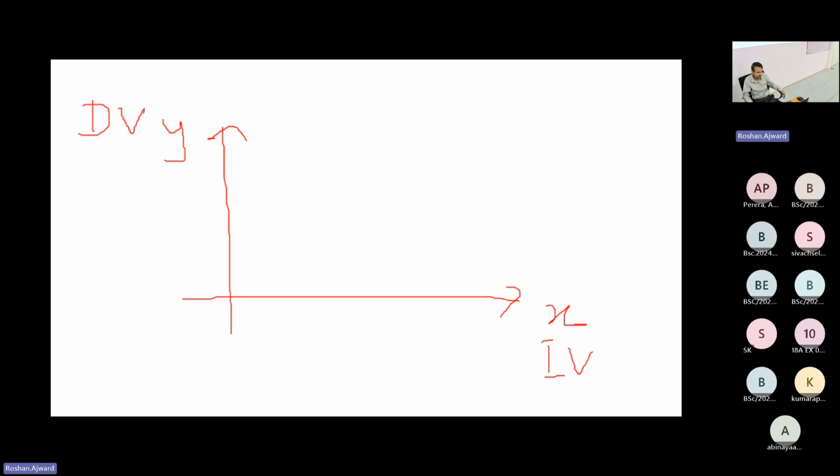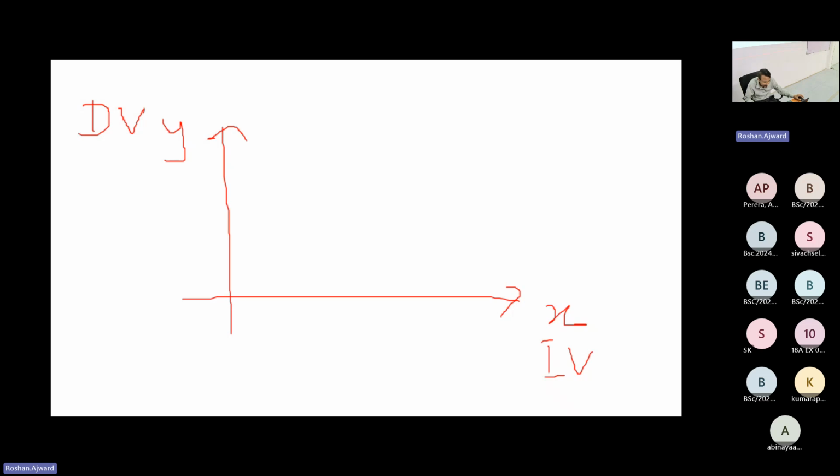The advertising expenditure. We discussed that. The dependent variable is the sales revenue.